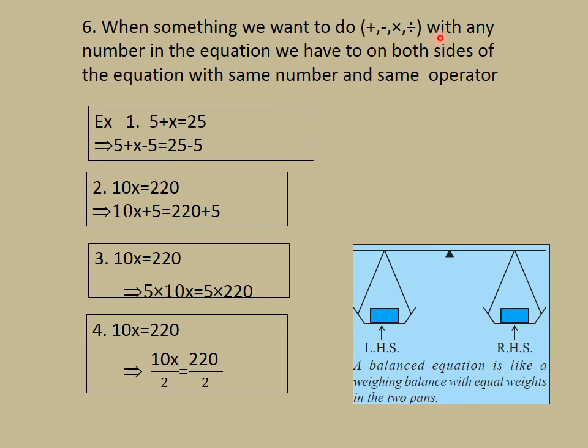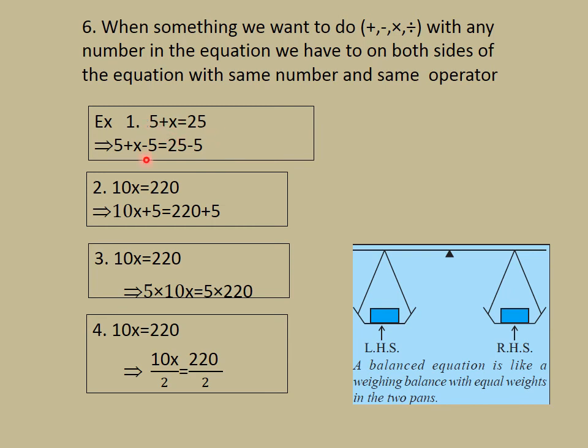If you want to add to the equation, subtract from it, multiply it, or divide it, you have to do it on both sides, left hand side and right hand side, and also with the same sign.